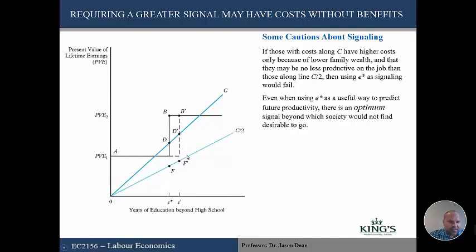So this still works as a signal. We know that low ability workers, if they choose E prime, are going to get this amount of a benefit from getting the education, but they're better off just getting no schooling and getting this much larger distance here.